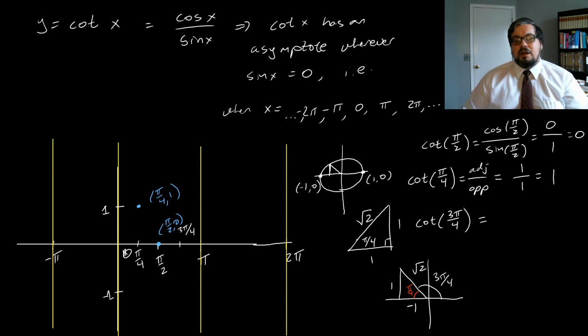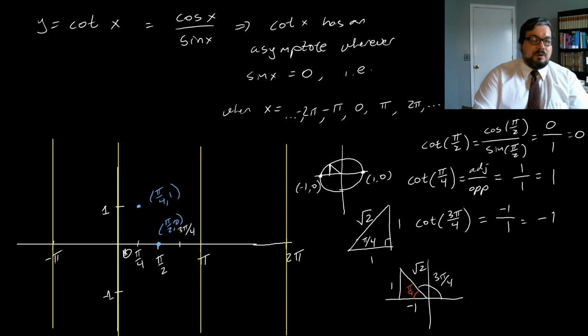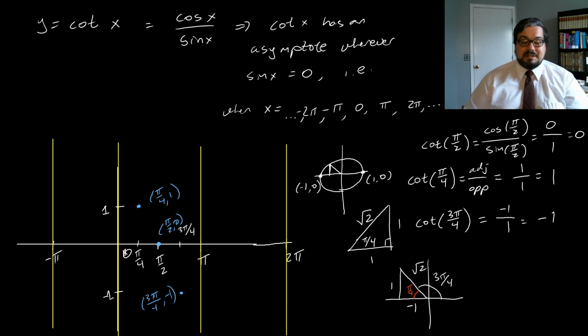And therefore, cotangent of 3 pi over 4 is the adjacent side over the opposite side. The adjacent is -1, the opposite side has length 1, and therefore we get -1 out of it. So the third point that we use to graph cotangent is 3 pi over 4, comma, -1.